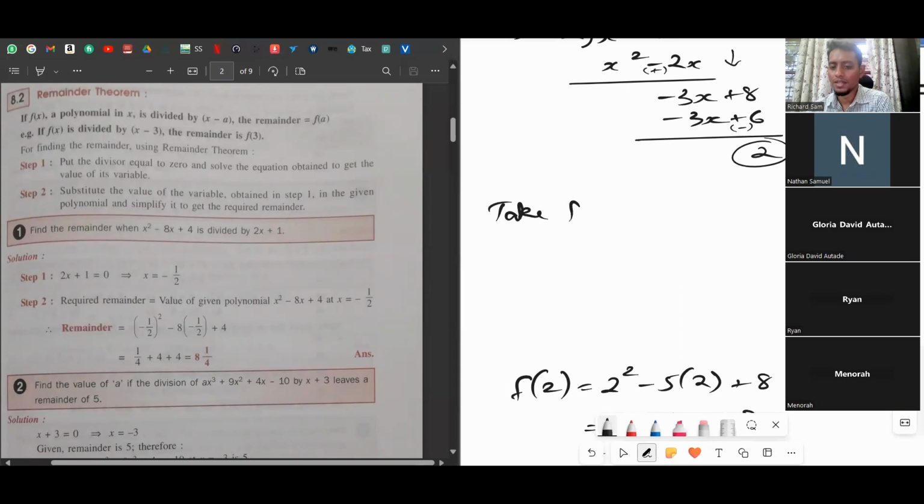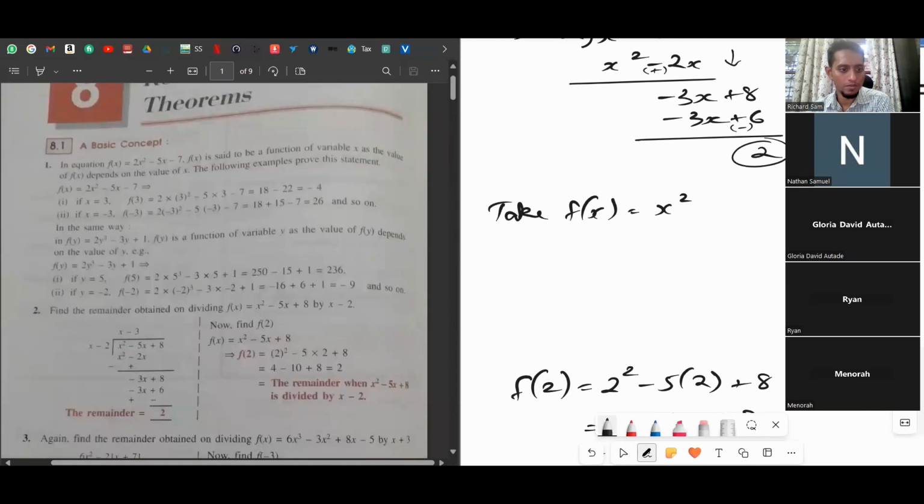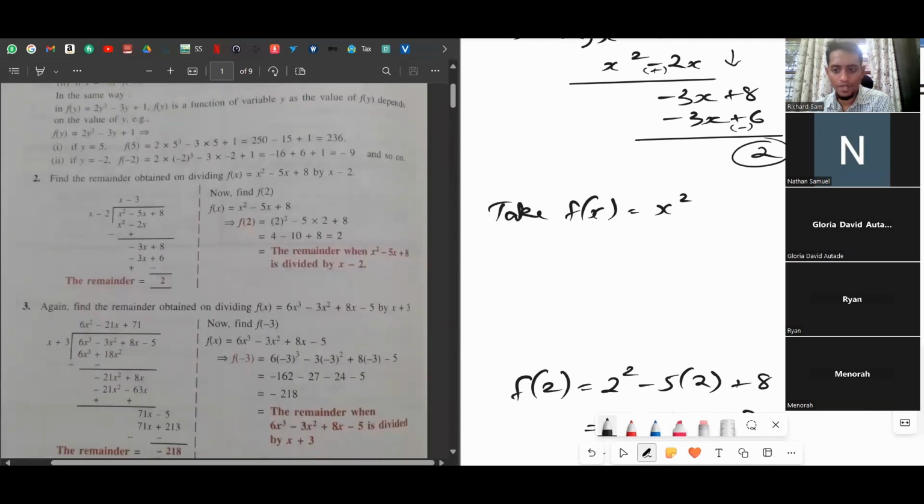Take f of x is equal to x square minus 5x plus 8.